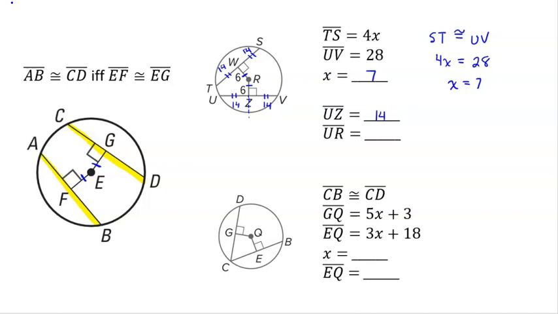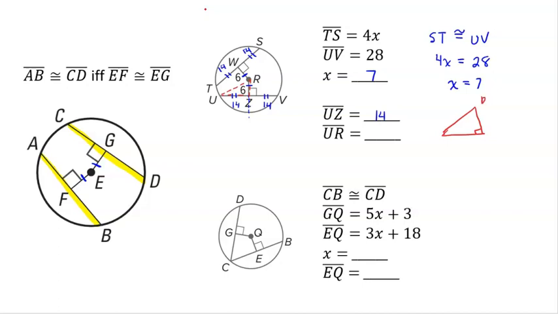And then UR, notice that we have a little right triangle here now. And when we create that little triangle, this is how your circle problems get more and more complicated and they kind of add on to each other.